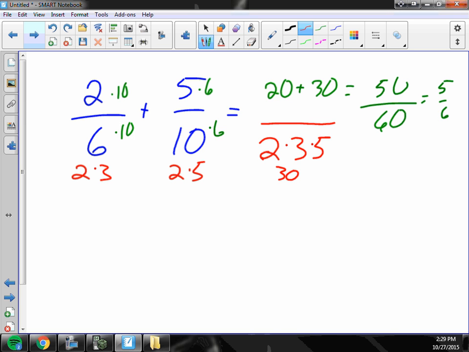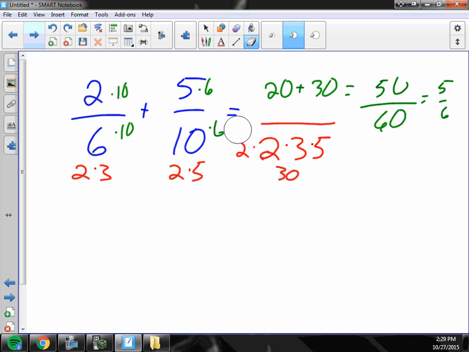So why don't I need that other 2? The most that either one has is a single 2. So the most the common denominator needs is a single 2.